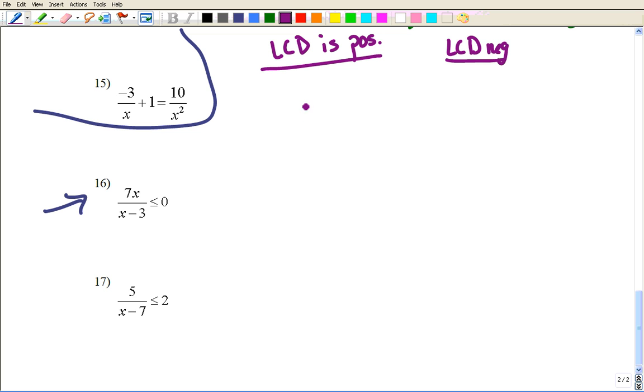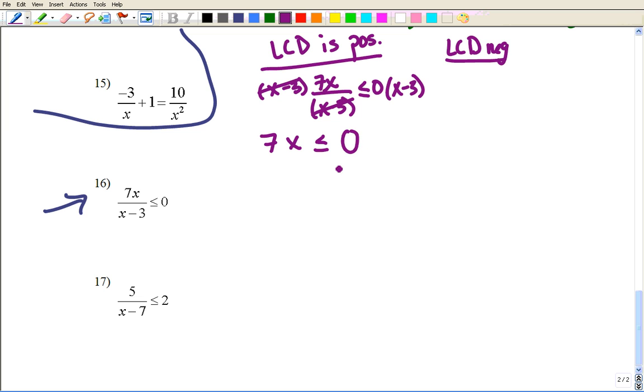Okay, so if it's positive, let's go ahead and work through this. So if I multiply both sides, so there's my 7x over x minus 3. And if I want to multiply both sides by that x minus 3, so that will cancel. Then I'll have 7x is less than or equal to 0 times anything. It's just 0.